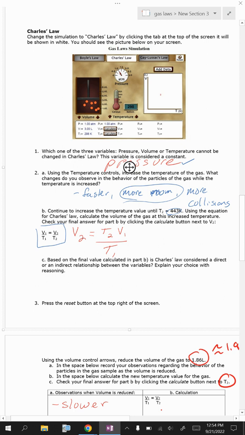From my chart of equations under Charles' law, V2 is T2 times V1 divided by T1. Substitute in 438 Kelvin times 3.00 liters all over 298 Kelvin. My answer is rounded to 4.41 liters.